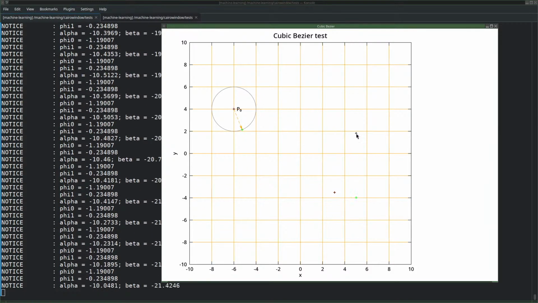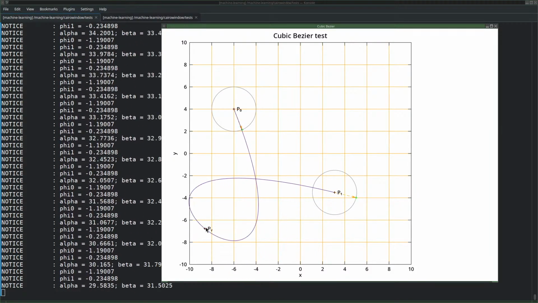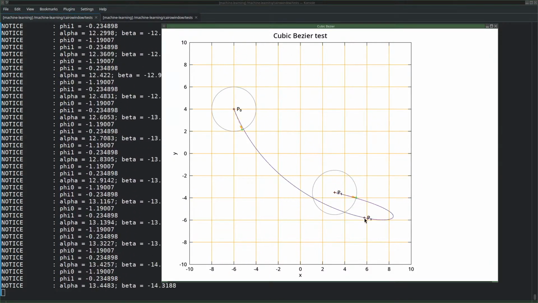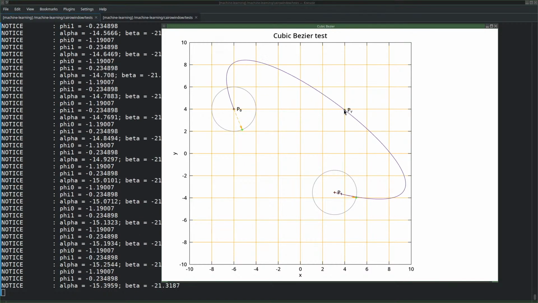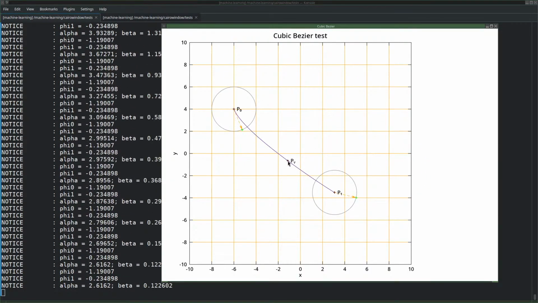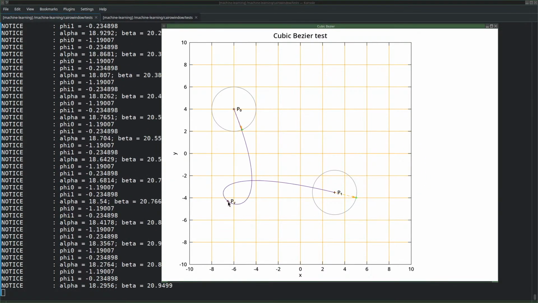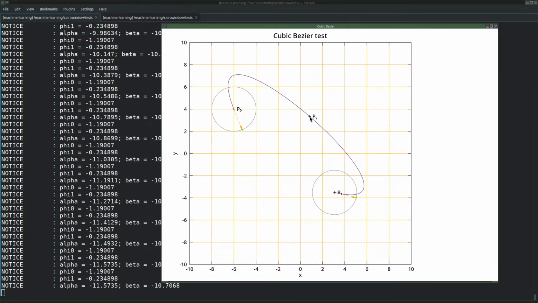So now it always goes through P gamma, but not necessarily in the direction. But that's okay. Just as long as it still has that tangent. The direction doesn't really matter a lot, I guess. So this is the best equation. Cool.